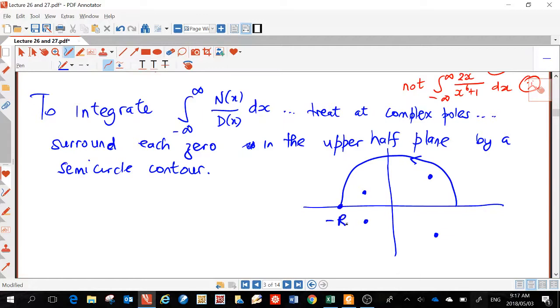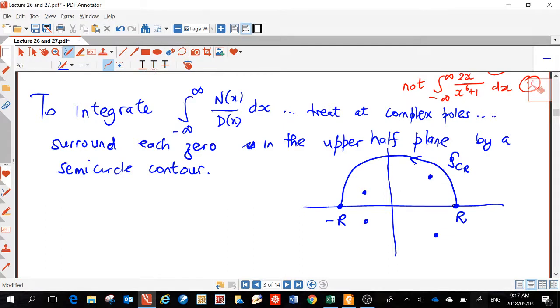of some radius, say r, that goes from minus r to r. So here we have a contour along the circle, CR. And here we'll have the integral from minus r to plus r. Effectively, what I'll be doing is that I'll have an integral from minus r to plus r, and I'll try to make r go towards infinity.